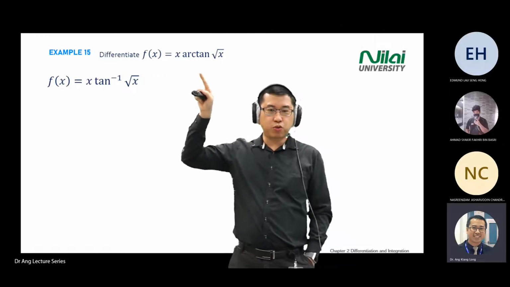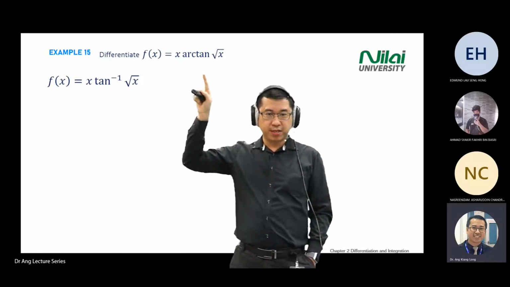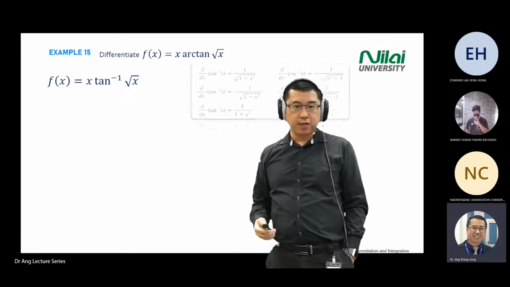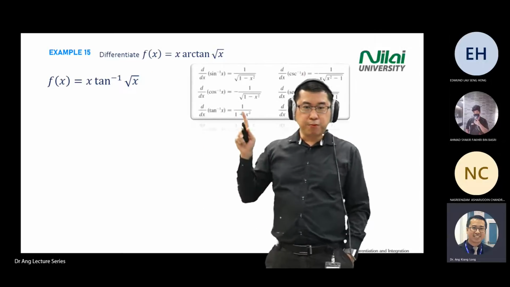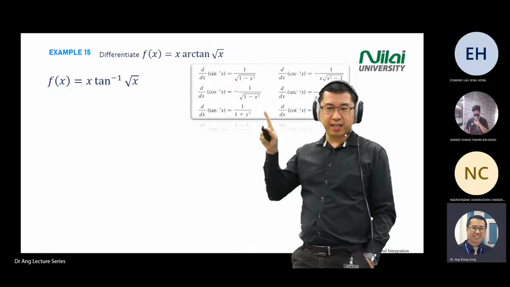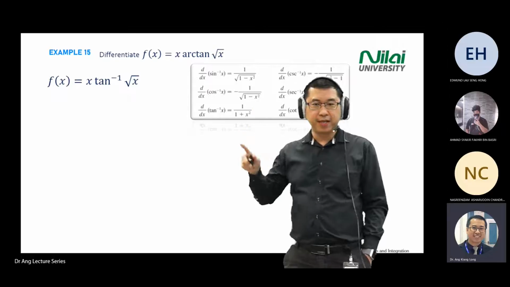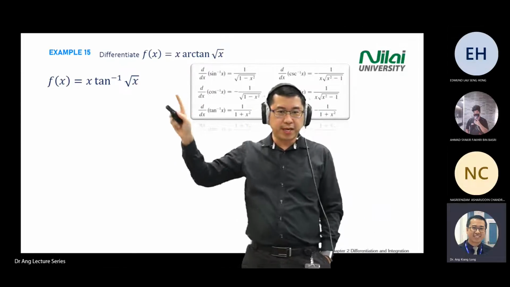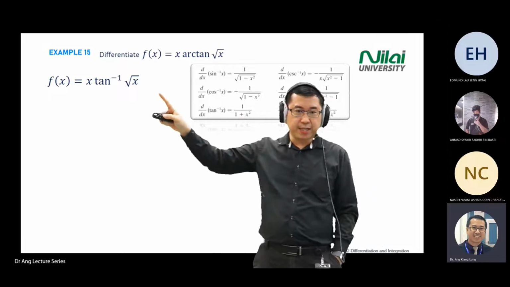Okay, but anyway, if this comes up in a test or exam, the first step is to copy the question, what is asked by the question, and it asks you to differentiate. Then pull out the table and convert arctan into tangent minus 1, so you can compare side by side.